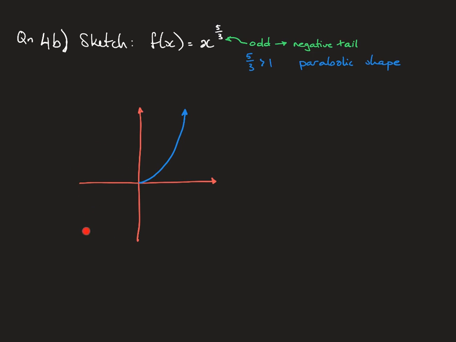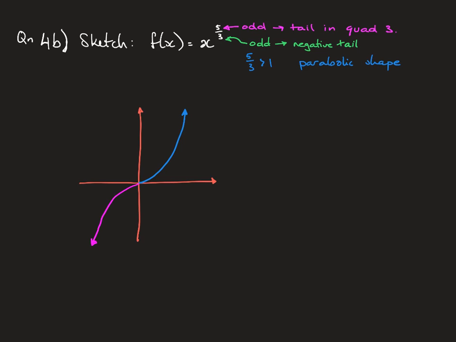To determine whether it's in quadrant 3 or quadrant 2, I look at whether the numerator is an odd or an even number. The numerator is an odd number, which means the tail's going to be in quadrant 3. So it's going to be a mirror image reflected of the top part of the graph in quadrant 3.